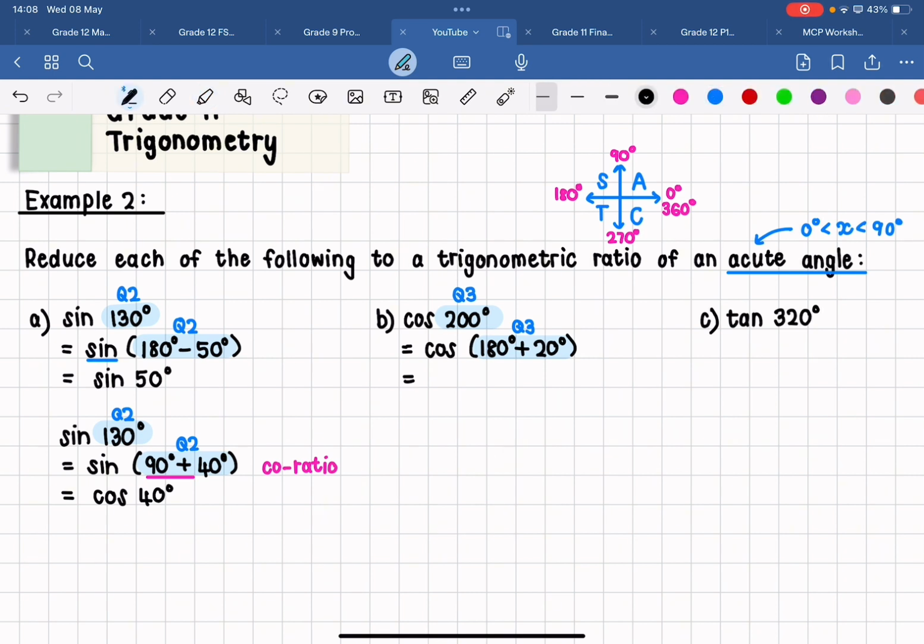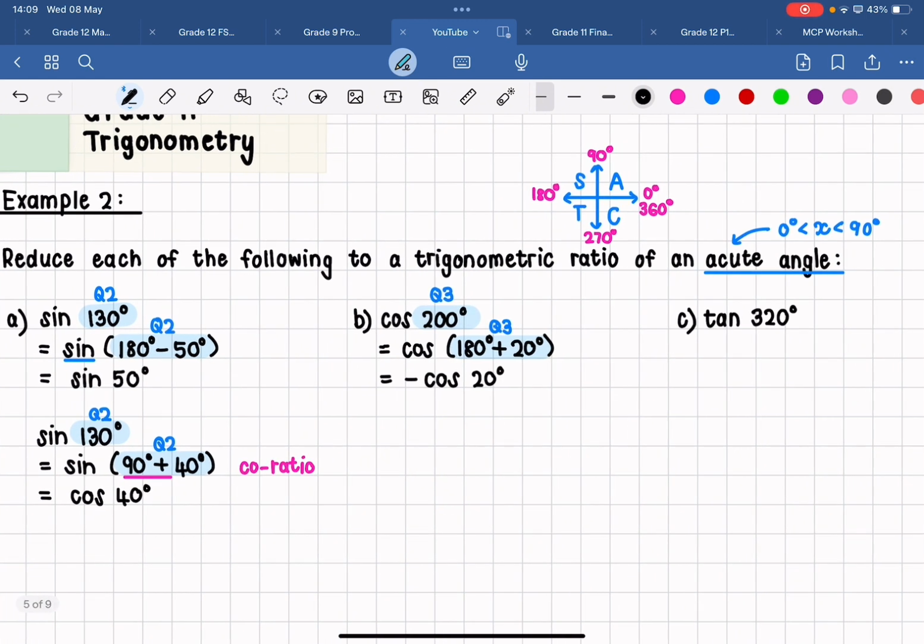Now, what is cos in the third quadrant? Only tan is positive in the third quadrant. So that means that cos is going to be negative. So when I drop the 180 plus, I need to change that to negative cos of that acute angle in that bracket of 20 degrees.